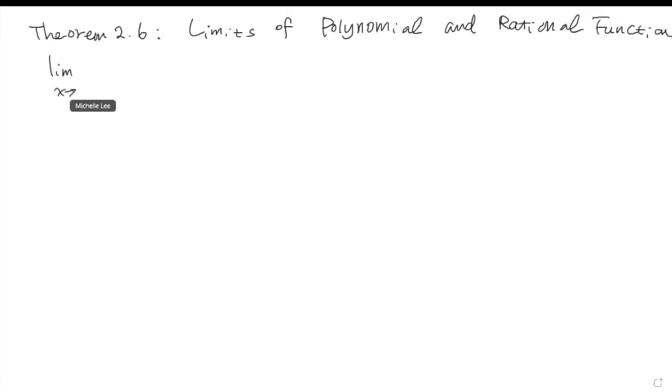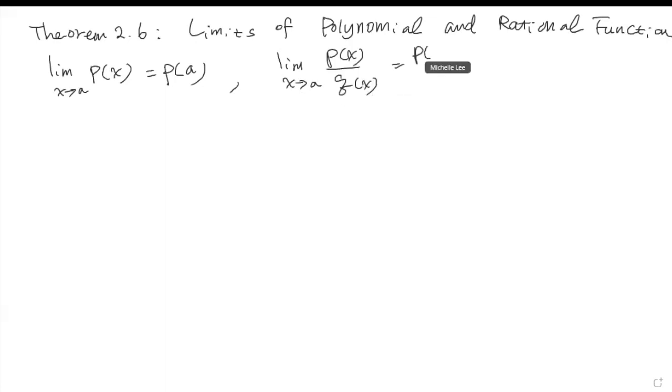As X approaches A, the limit of X cubed equals A cubed, right? So just substitute when X approaches A, and cube A, okay? And same as this one. The denominator cannot be 0, right? All right, now everything will be easy. So 3.